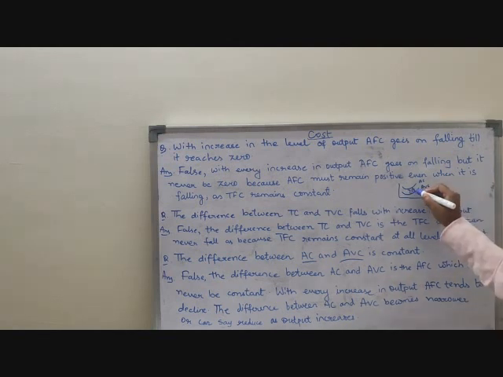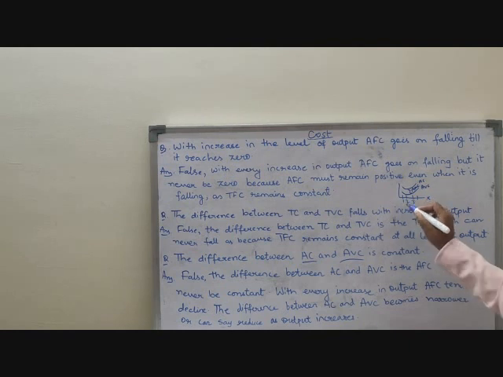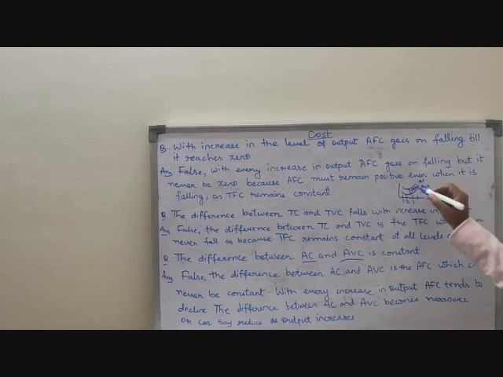Is it not? AFC, which can never be constant. So with every increase in output, if you increase the output here on the x-axis, 1, 2, 3, with every increase in the output, AFC tends to decline. That means AFC will fall. You have seen this diagram, AFC. So it will fall, but it can never be zero, that we know.